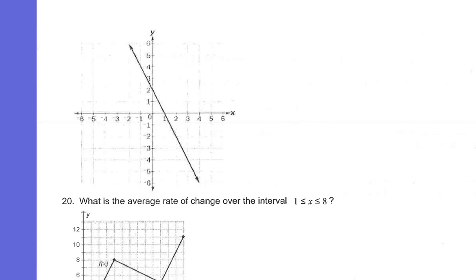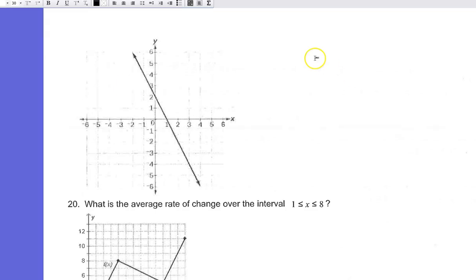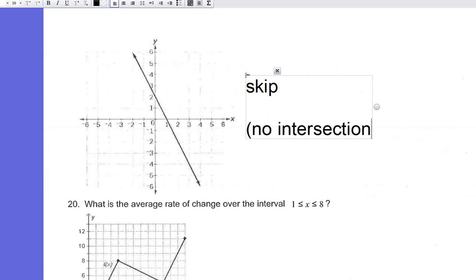Let's draw some more lines because we need more lines. So I'm going to say just skip this. This is a badly worded question. No intersects. So whoever did this, they should have drawn another line because I want to figure out where they intersect. Okay, so skip that one.